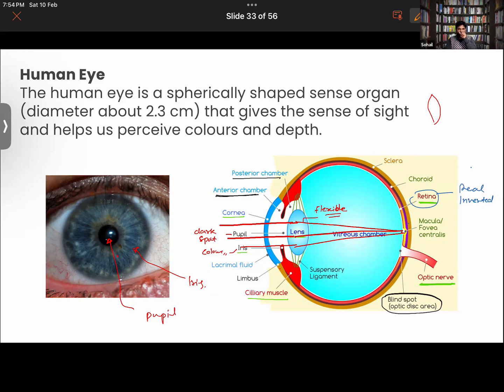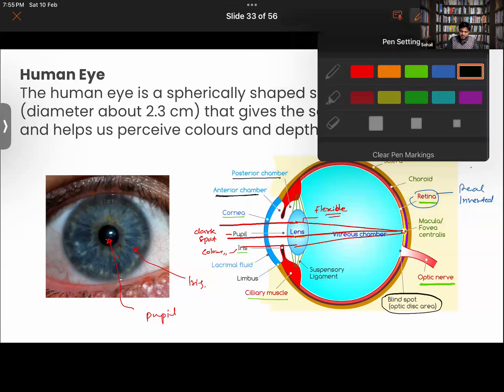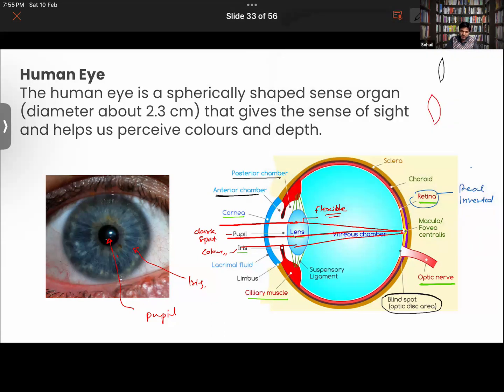For example, if the eye lens is thin, its converging power is less. See, if the lens is very thin like this, its converging power is less, so the rays would be focusing somewhere here.